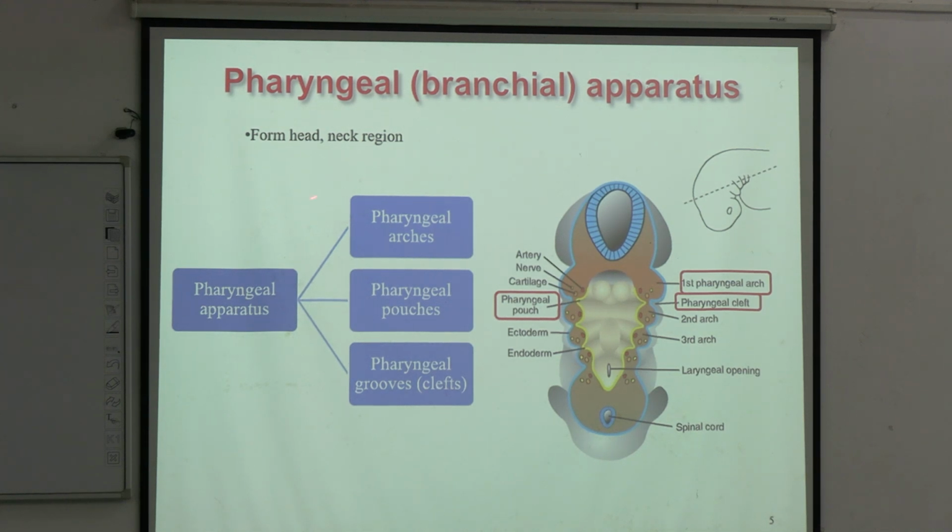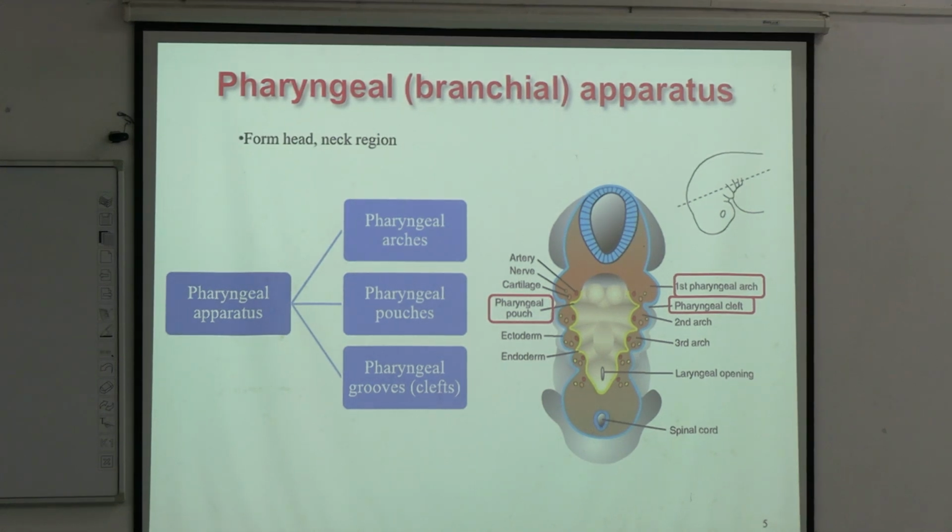Now this pharyngeal arch is purely mesodermal, that means the mesodermal contribution is coming in this pharyngeal arch, which is this brown thing. Then we have the ectodermal side, where in between these arches is a depressed part, we call them pharyngeal clefts, also known as pharyngeal grooves.